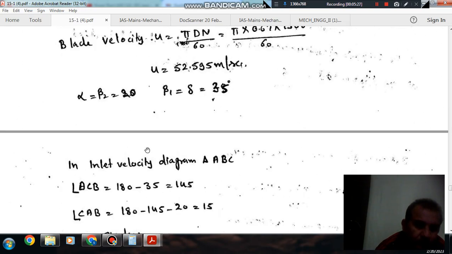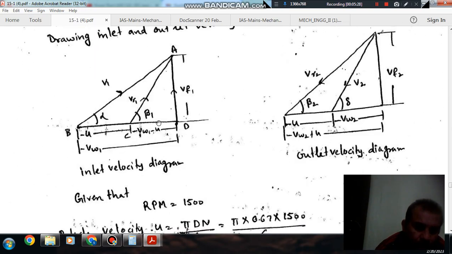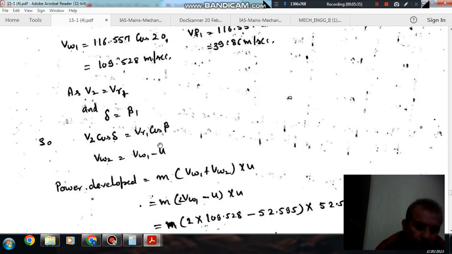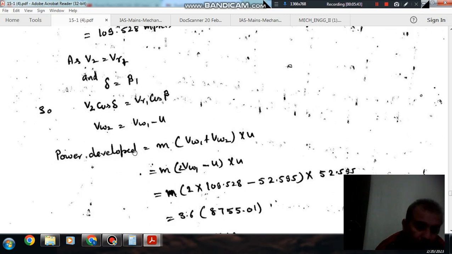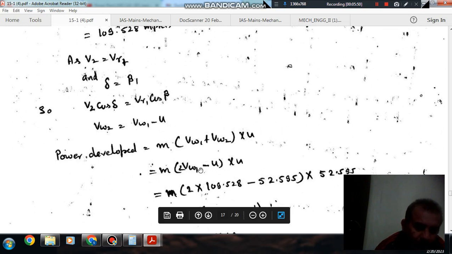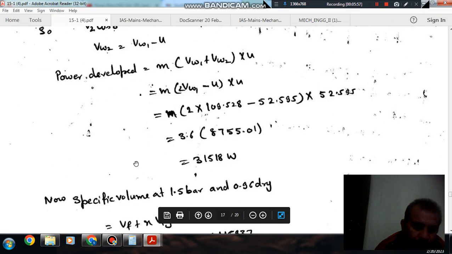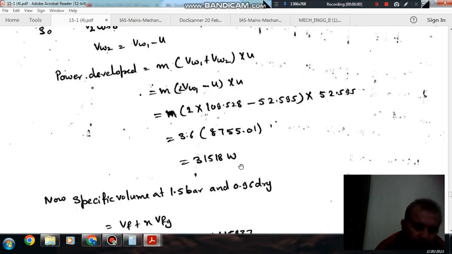From this VW1 and U we can determine VW2. Power developed is m times VW1 plus VW2 into U. We put VW2 as this quantity, m as 3.6 kg and U as 52.595. So power developed is 31518 watt.